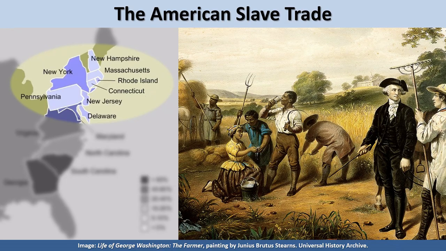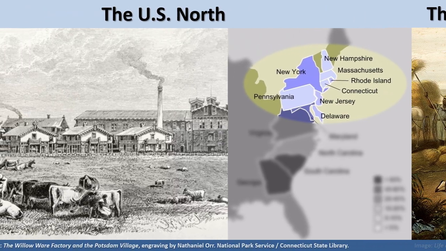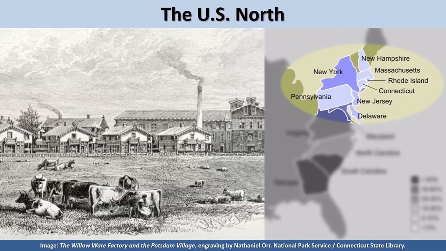During the colonial period, the number of enslaved people in southern regions of North America was larger than in northern regions because the two areas of the continent had very different economies. This remained true after the American colonies won their independence from the British in the 1700s, and the difference only grew during the 1800s.